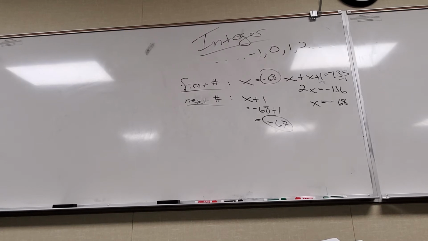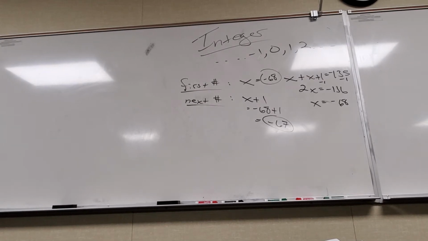So one number, next number, third number. First number, second number, third number. We don't have numbers, so you're gonna need 3 expressions.